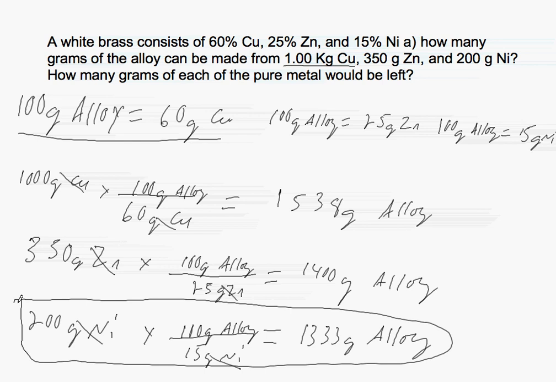Now, knowing this, we have to take this information and relate it to the zinc and the copper. If we produce 1,333 grams of alloy, how much zinc do I need in order to produce it? How much copper do I need to have in order to produce 1,333 grams of alloy?